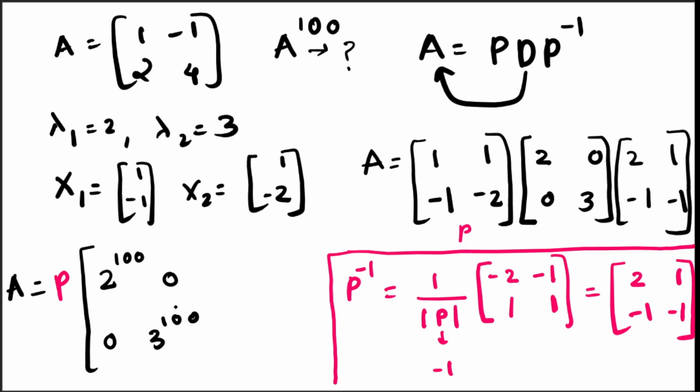It is sufficient to put the powers on the diagonal elements, so it is that easy, times P inverse. This is A raised to 100. That's it.